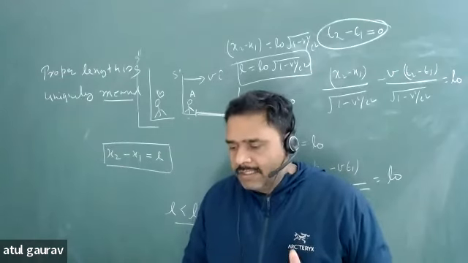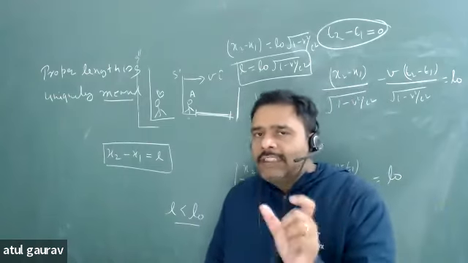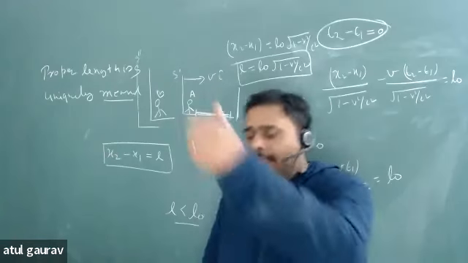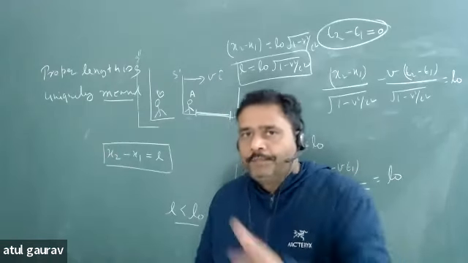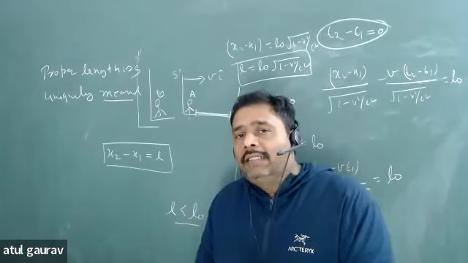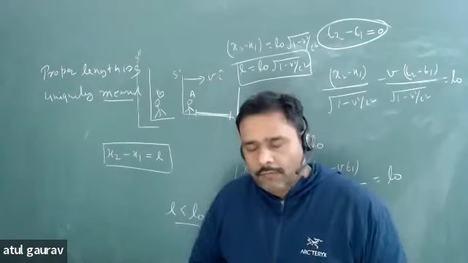Are people going to understand this particular thing? You have to always try to check it. What will be the relative speed along the length of the rod? Along the length of the rod. And that relative speed will only contribute in the contraction.